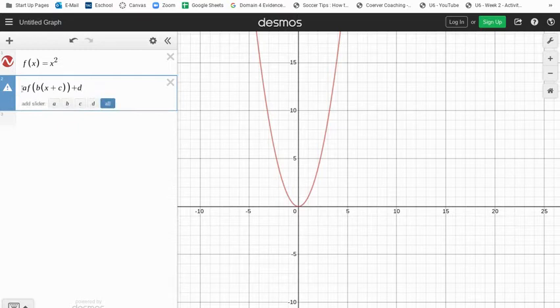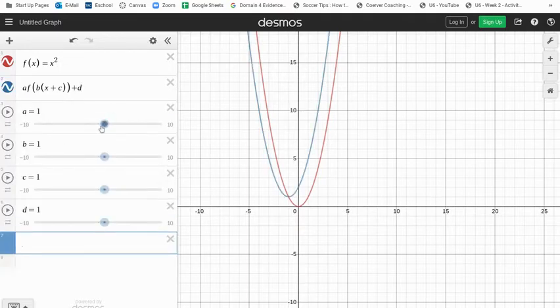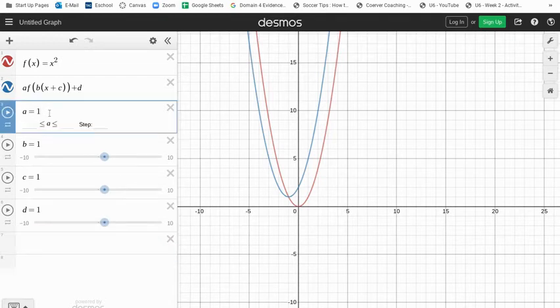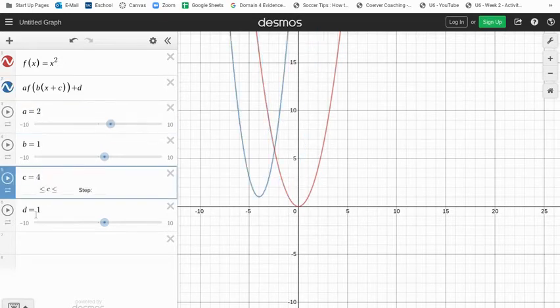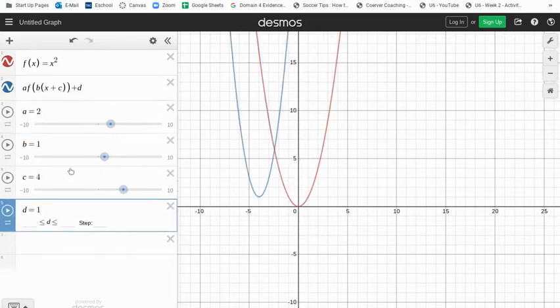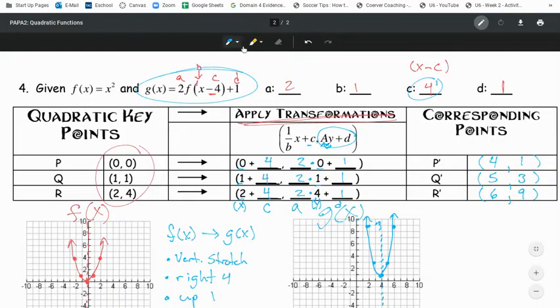Okay, and you notice I can just write it in function notation, a, b, c, and d, and then I just hit enter. Okay, and these sliders, what it's going to do is it's going to allow me to change these numbers. Okay, so for instance, A was 2 in the last one, B was 1, C was a 4, and D was 1. Let's just double check that. All right.